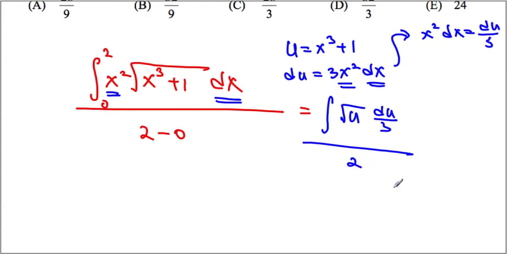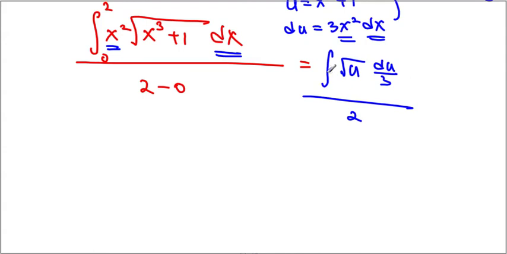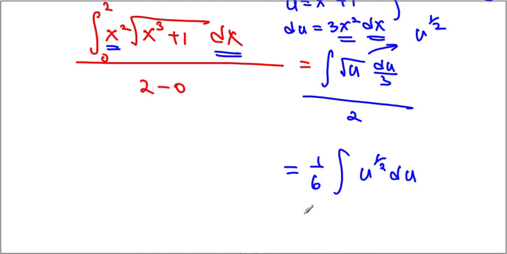Now, how can we integrate this one? Since the square root of u is u to the 1/2 power, when you integrate this, I'm going to bring the 3 and the 2 to the front, which makes 1 over 6, by the way, u to the 1/2 power du. And this becomes u to the 3 over 2 power, multiplied by the reciprocal, which is 2/3.